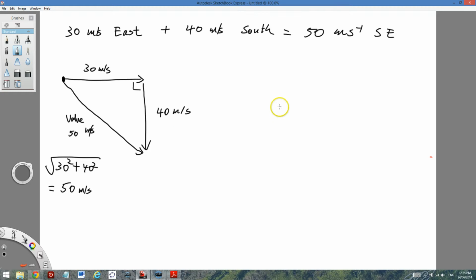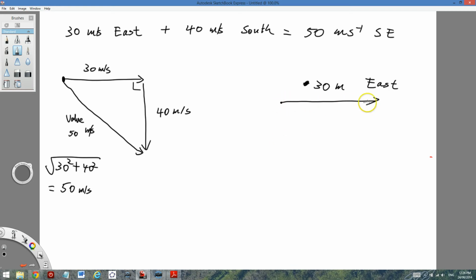Let me give you another example. Say I have this vector, 30 meters east. If I want to halve this vector, what I can do is use the arrow.